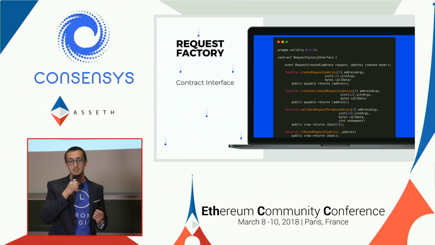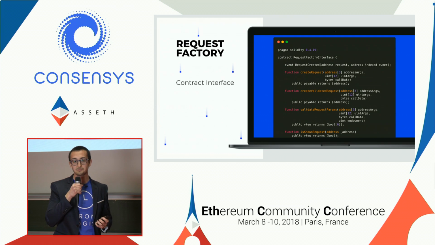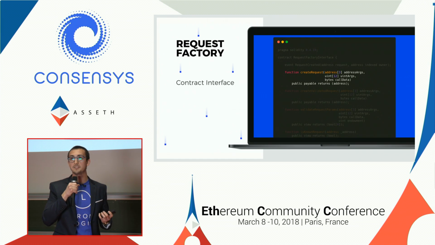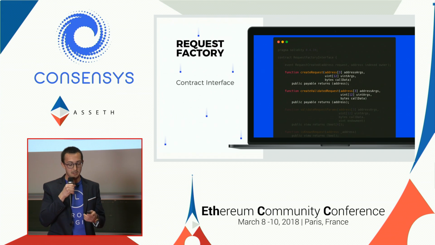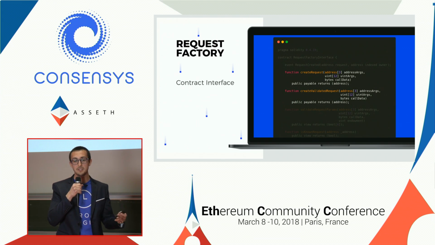So here's the Requestfactory interface. It's pretty simple. This contract really just creates the requests. It also provides some validation on the parameters that are inputted. So usually you want to use a create validator request when creating a new transaction request.